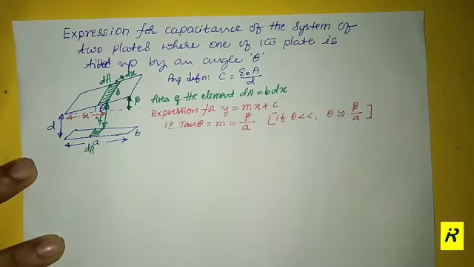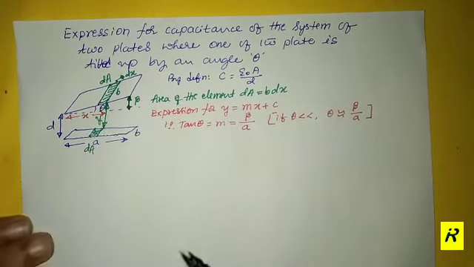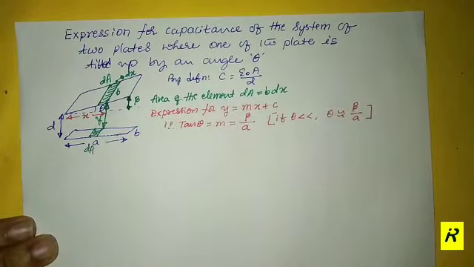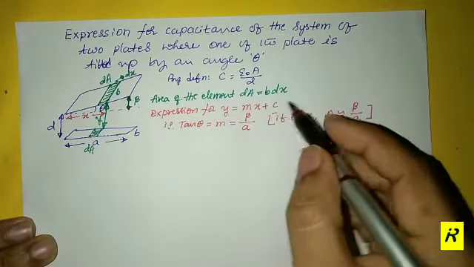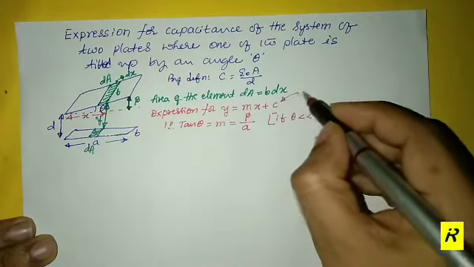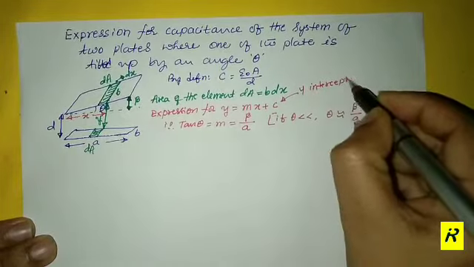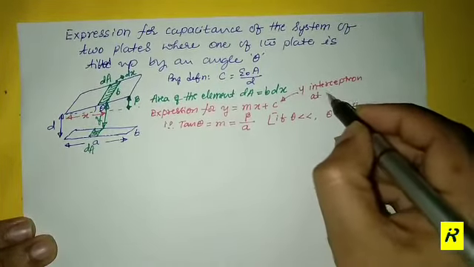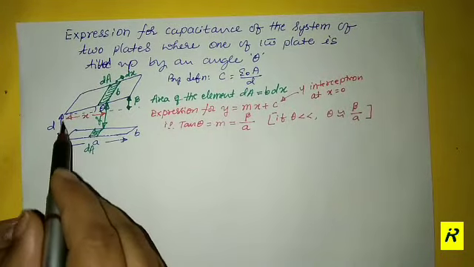Now in this situation, I have to write something for c also, which is the y intercept at x equals 0. This is the position where x equals 0.